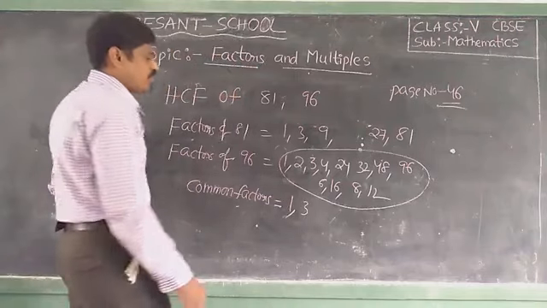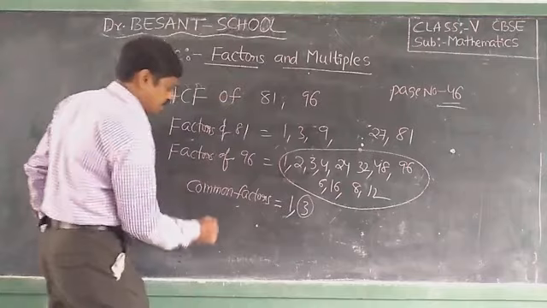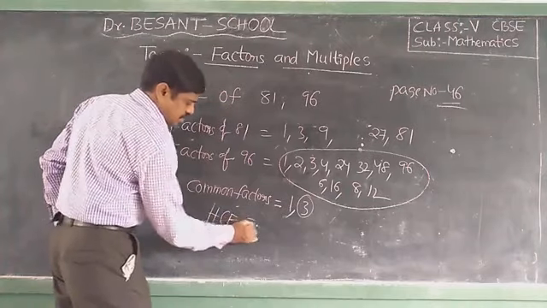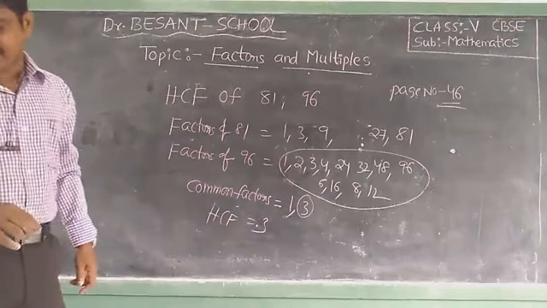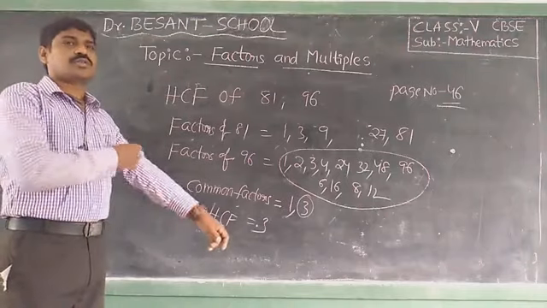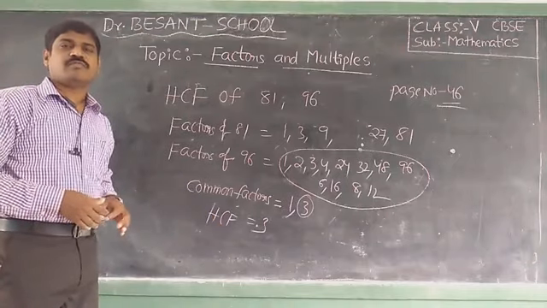So what is the highest common factor? 3. So the highest common factor is equal to 3. So this is the way we have to find out.